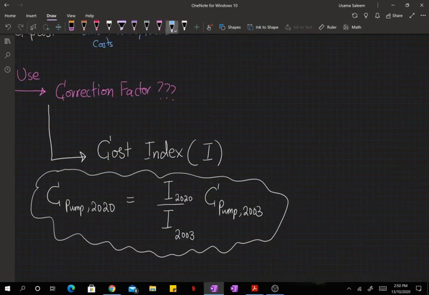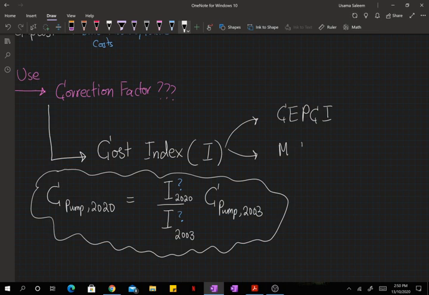Now, where do you get these cost indexes? There are some resources for chemical engineers. One of them is CEPCI, Chemical Engineering Plant Cost Index, and another one is the Marshall Swift MS cost index.